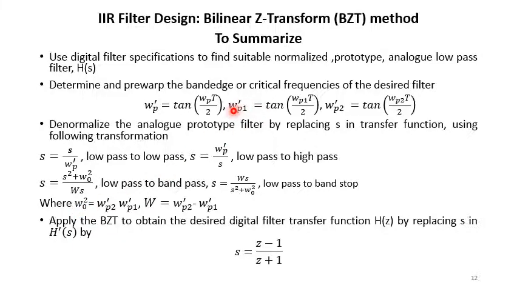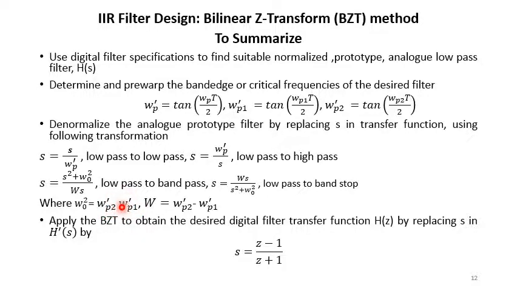We have defined omega prime P1 and omega prime P2, but we haven't yet defined the additional terms. In the case of a band pass or band stop filter, we have two critical or band edge frequencies, which we represent by omega prime P1 and omega prime P2. So omega naught square, which is used in the band pass and also the band stop or notch filters, is defined as omega prime P2 multiplied by omega prime P1.